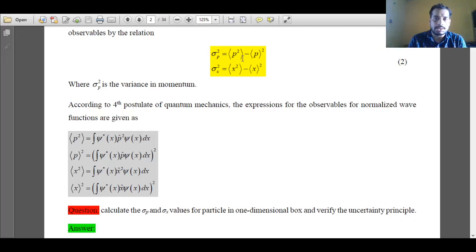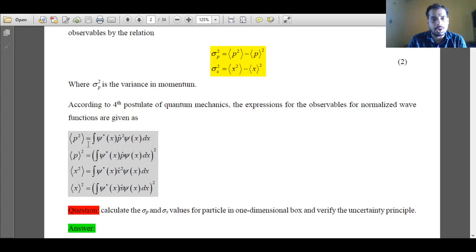So how do we get the expectation values? From the fourth postulate of quantum mechanics, we have seen that if the wave function or eigenfunction is normalized, then the expectation value is given as the integration taken over whole space of the complex conjugate of the eigenstate, then the corresponding operator, then the eigenstate. Here the operator is p squared, since we are taking the expectation value of p squared, or momentum squared, so I have to write the operator for momentum squared.